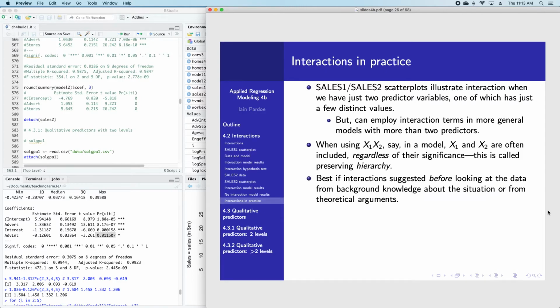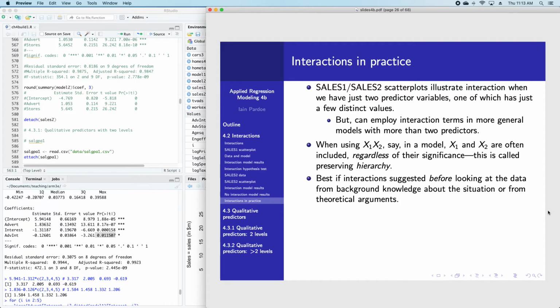How do you do this in practice? Just as with the use of transformations, it's good if we have some background knowledge that suggests to us that we ought to include an interaction between particular predictors. In the absence of that, there might be a little bit of trial and error involved.